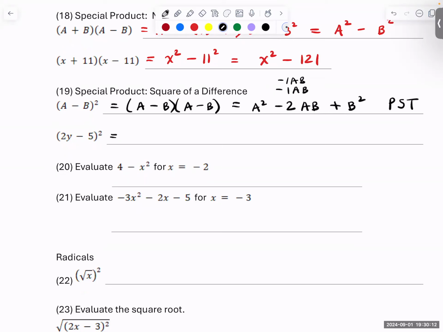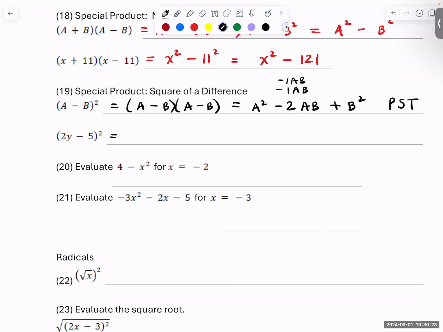Now we can multiply with the traditional FOIL method, or we can apply the formula A squared minus 2AB plus B squared. So A in the formula is 2y, and B is 5.